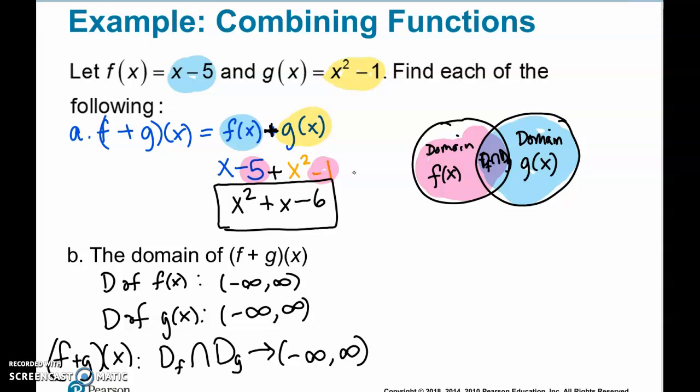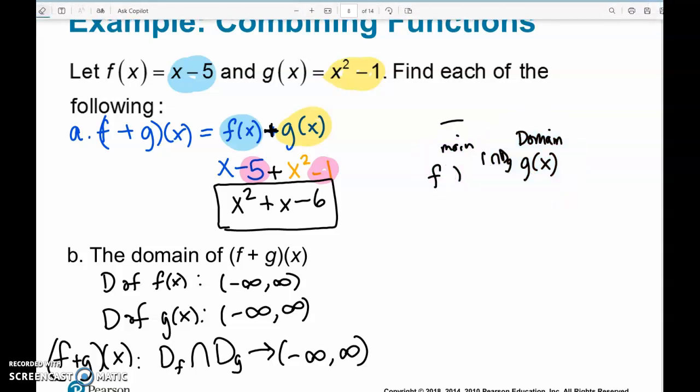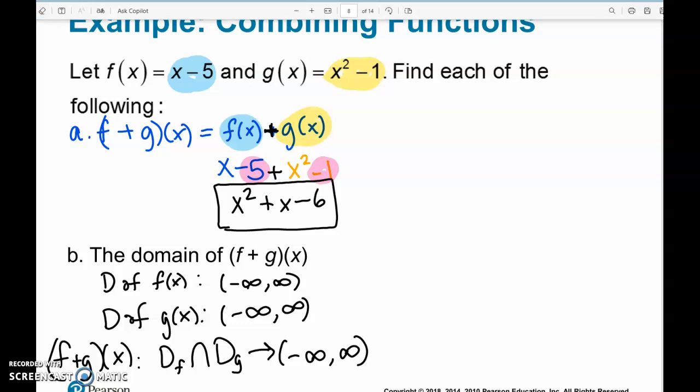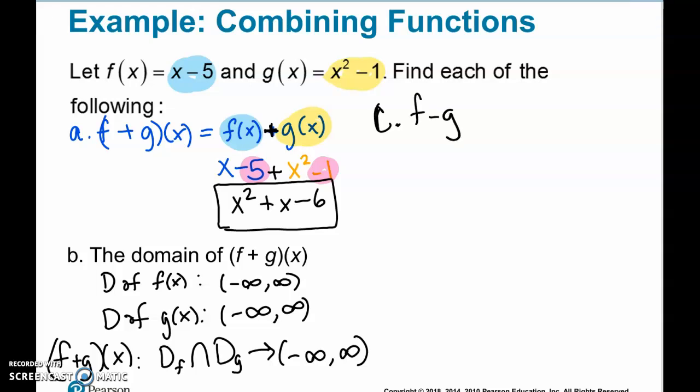It's the intersection. Now, with this example here, the domain is not going to change. It's only if you had one that was a square root or one that had x in the denominator. But let's put another letter up here, and let's say it said f minus g.